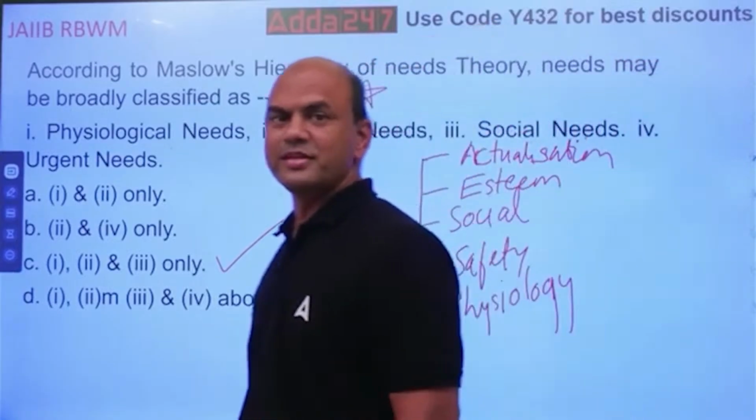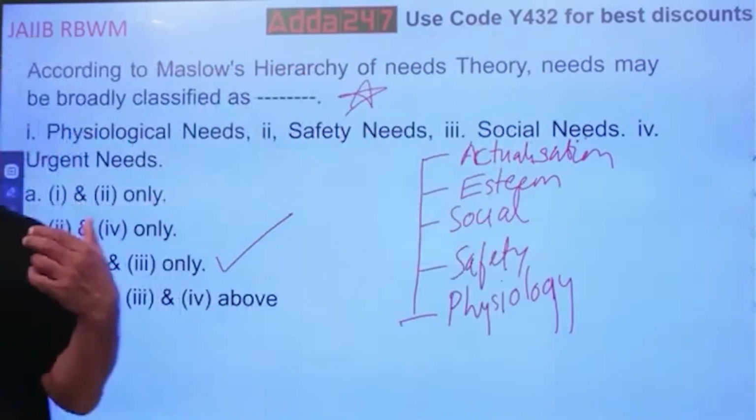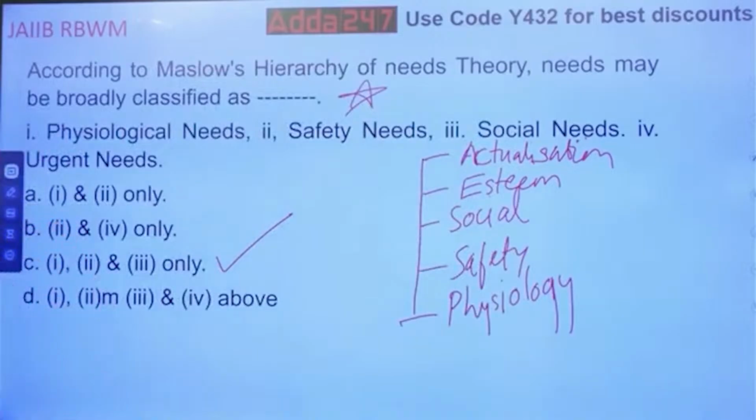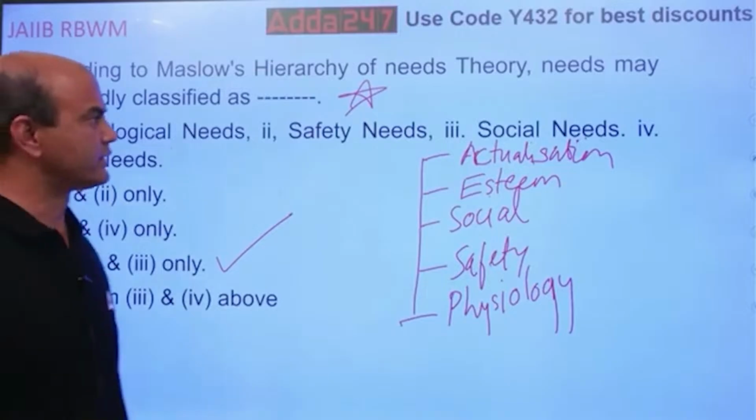So that's why this is the answer. If you get the question in the exam, you must definitely see what the correct answer is. The correct answer is urgent needs. There is nothing called urgent needs. Okay? Next one.